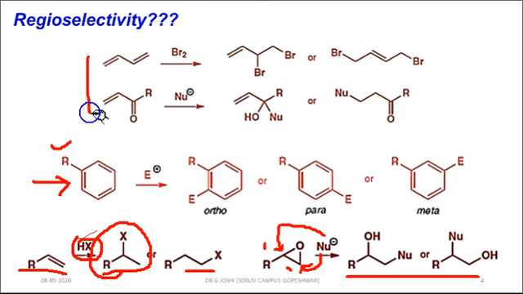Similarly, nucleophilic addition on an alpha,beta-unsaturated carbonyl compound. The nucleophile can add via 1,2 manner or 1,4 manner. Selectivity depends on the reactivity of the nucleophile as well as steric considerations.